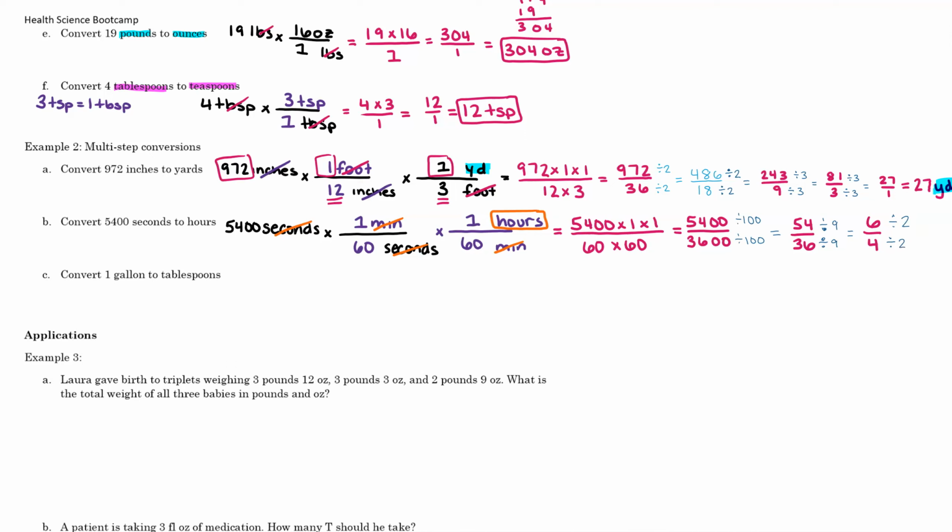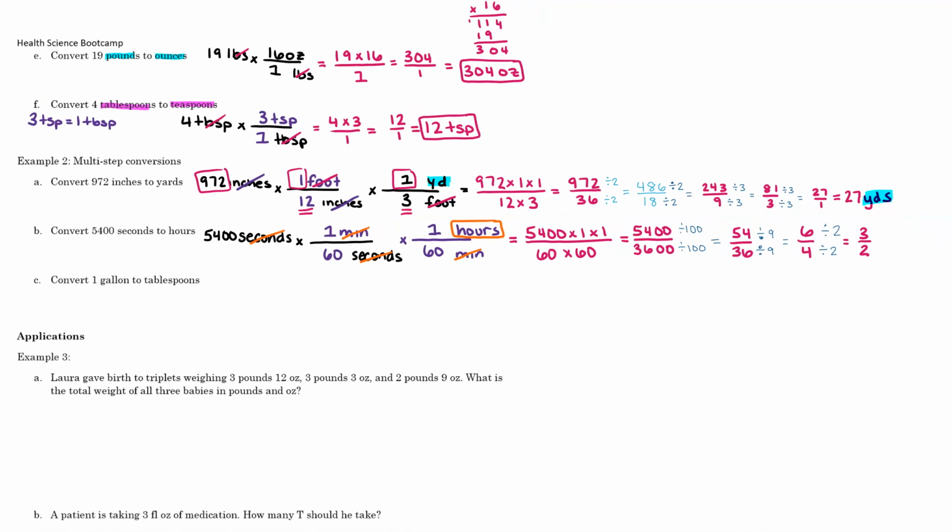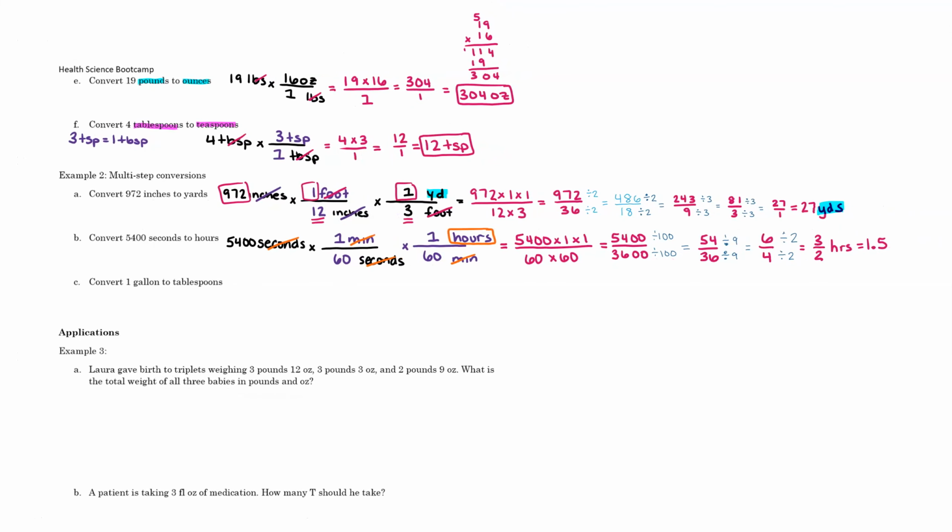And I get 3 over 2. So 3 over 2 is 1.5. So I could say 3/2 hours or 1.5 hours. So if I counted for 5,400 seconds, it would be 1.5 hours.